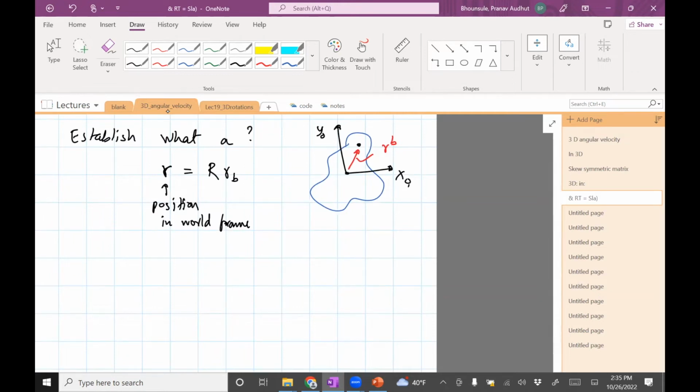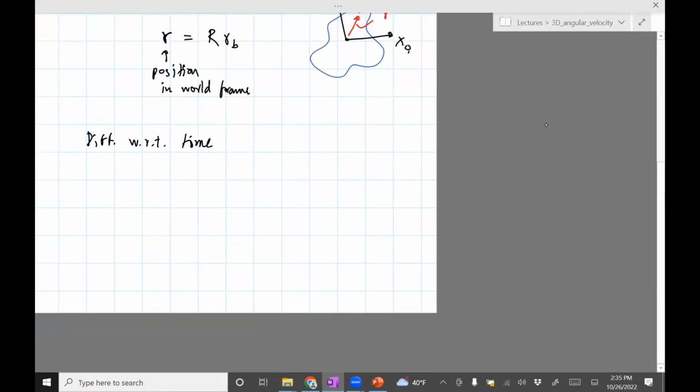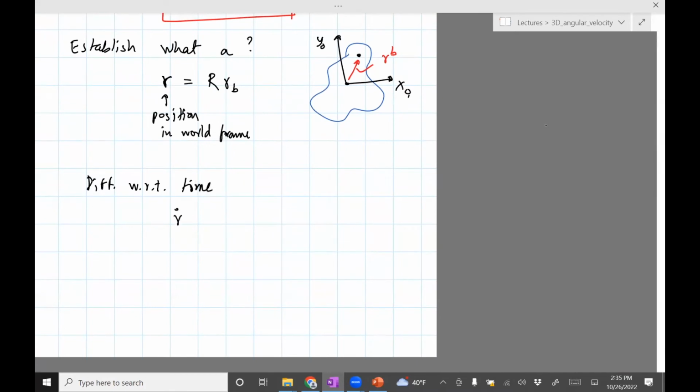So what we can do now is, once we have this, we can differentiate this with respect to time. Then we have r dot equals R dot rB plus R times rB dot.